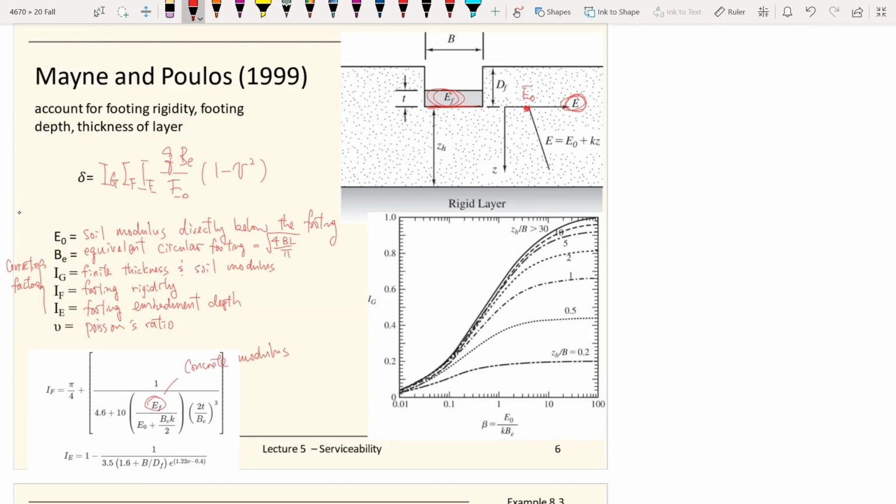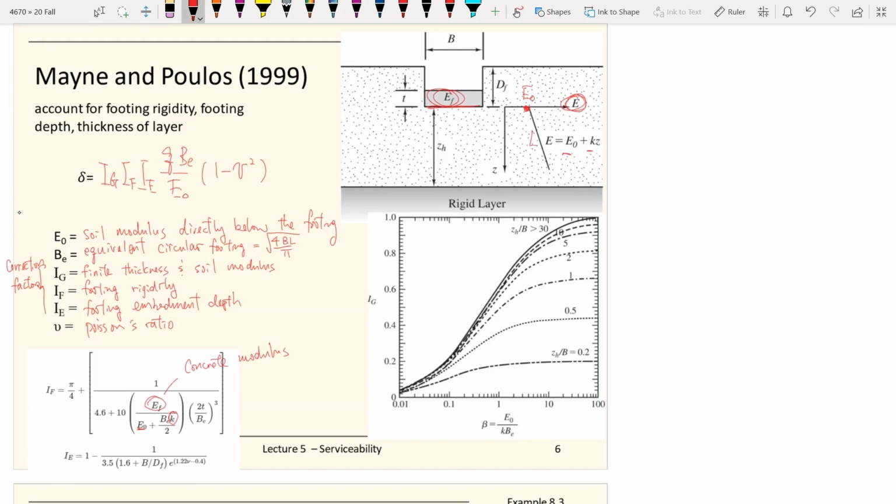And another very important parameter is this K. So this E naught and K is trying to capture the behavior of the modulus. So now it's not a single number. They try to model the increase of the modulus with depth with this E naught and the K.